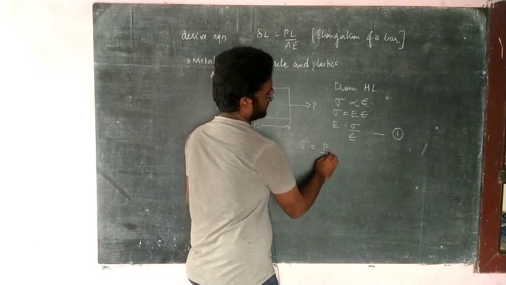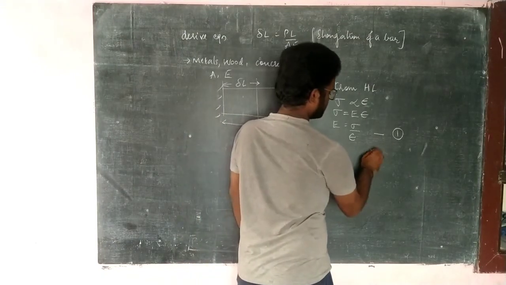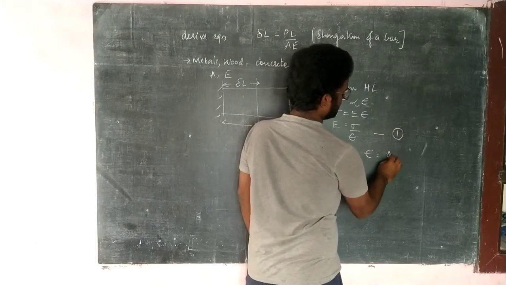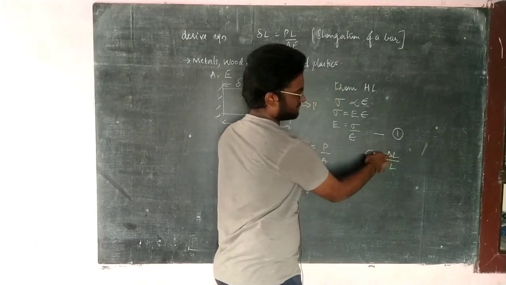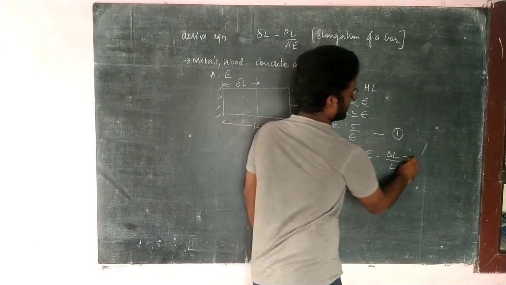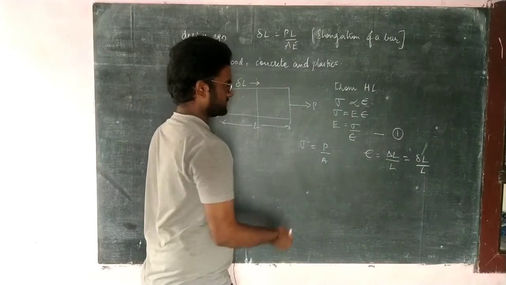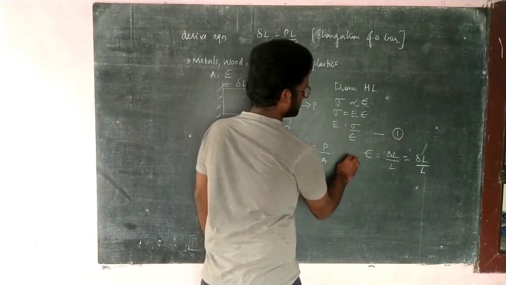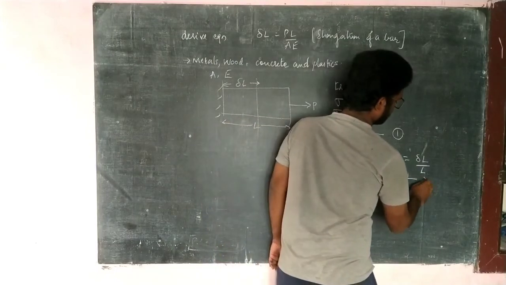Stress is force per unit cross sectional area, and we also know strain is nothing but change in length to the original length, delta L upon L. This is equation 2, this is equation 3.